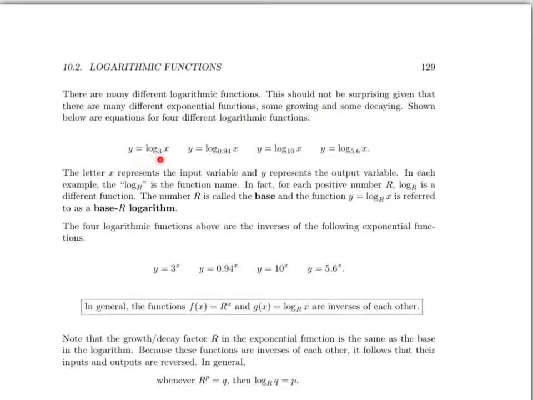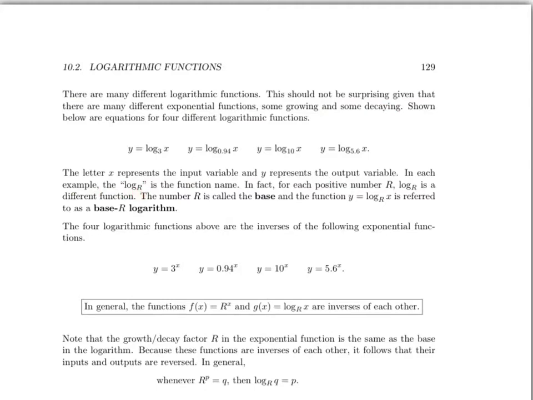We have y equals log 3 of x, y equals log 0.94 of x, y equals log 10 of x, and y equals log 5.6 of x. The letter x represents the input variable and the letter y represents the output variable. In each example, the log r is the function name.